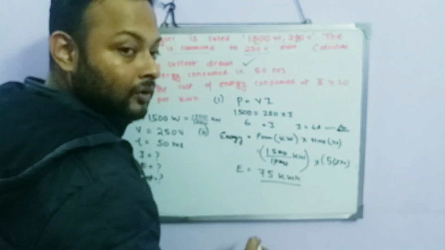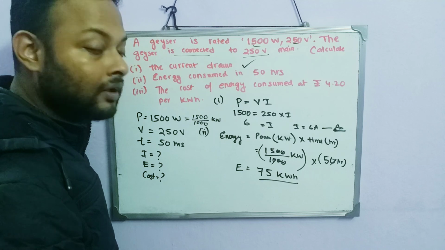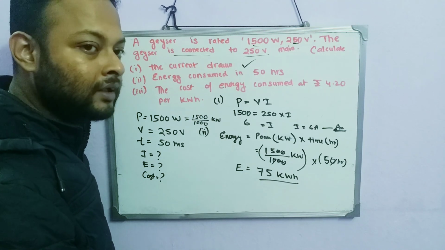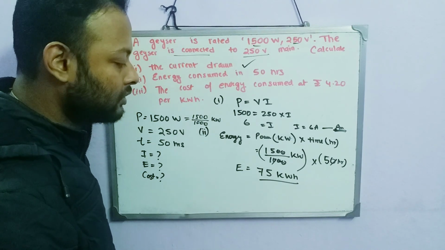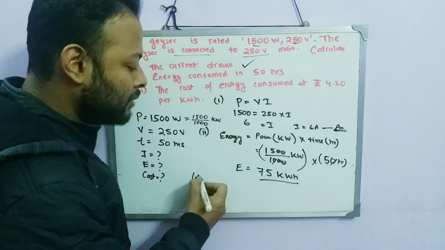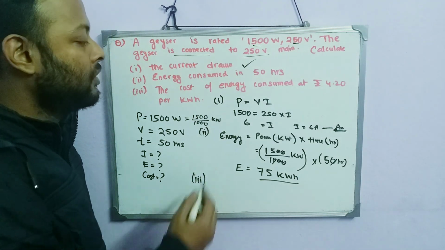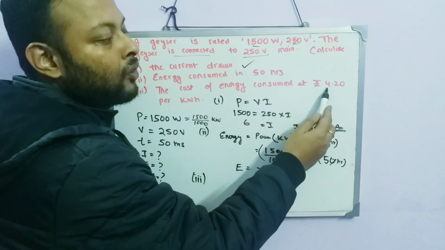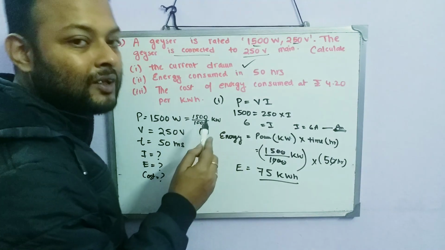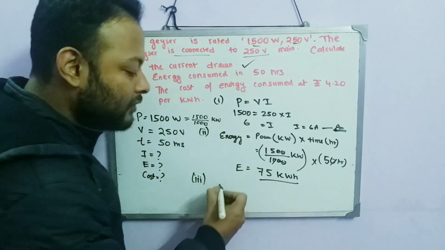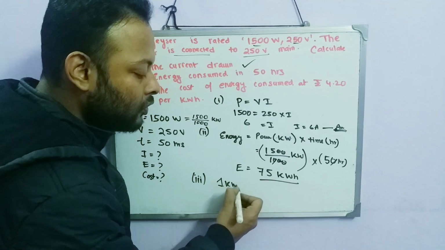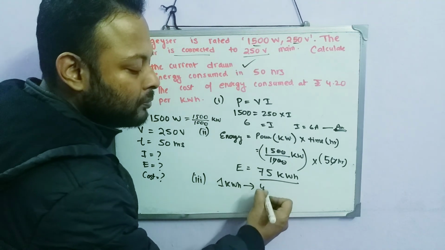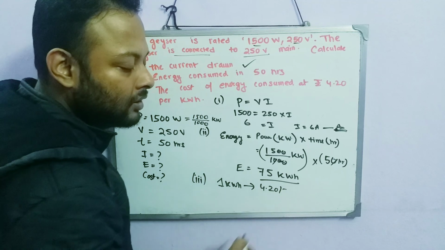Okay, not in joules because I'm calculating the electrical energy in commercial unit, so kilowatt hour. And after this, number 3, the cost. It is given rupees 4 rupees 20 paisa per kilowatt hour. Per means if a person consumes 1 kilowatt hour, the person has to pay 4 rupee 20 paisa.